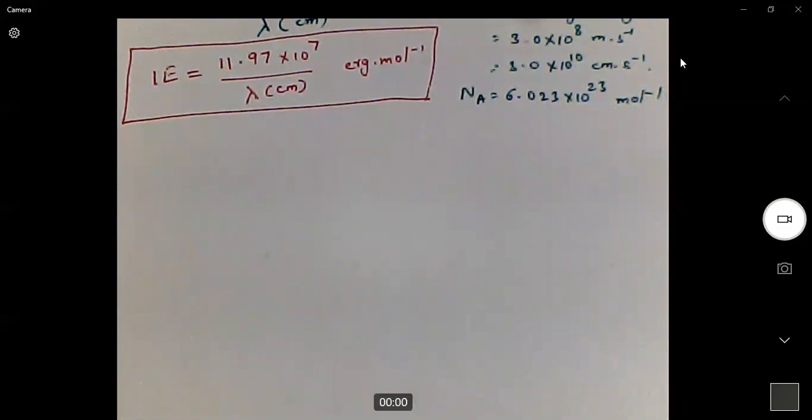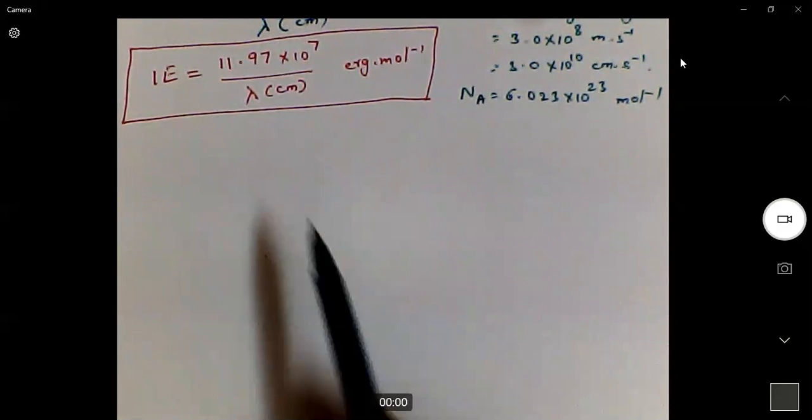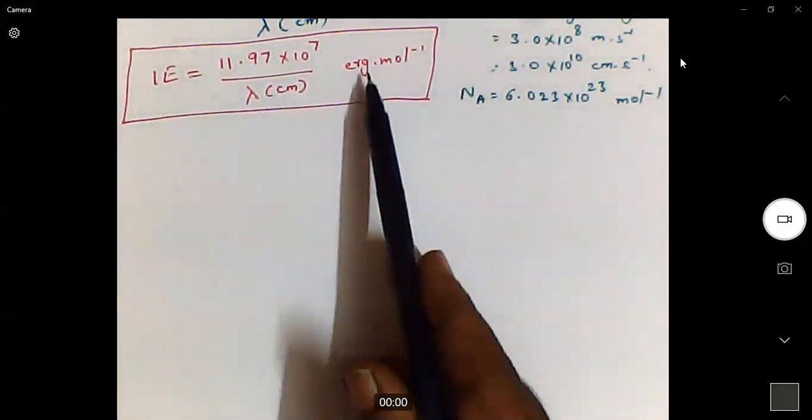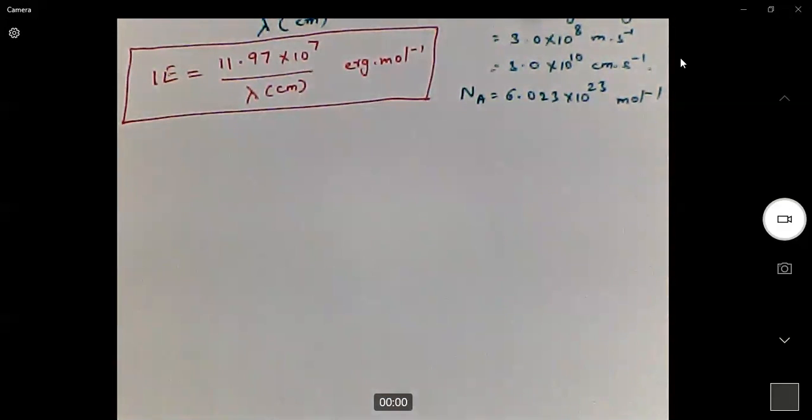This is very important from a competitive point of view. We don't need any calculators to solve the problems. You just remember this formula. So one Einstein is 11.97 into 10 power 7 by lambda ergs per mole, and we need to substitute lambda in centimeters.